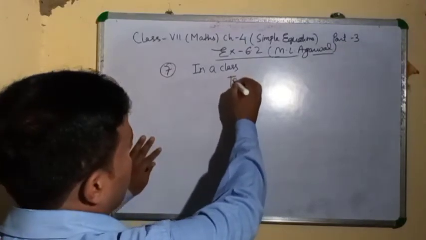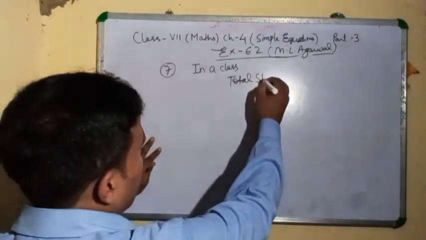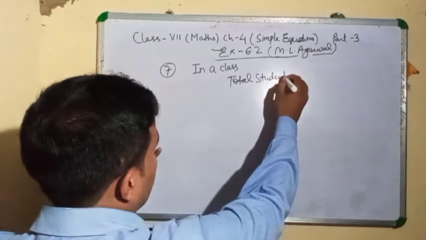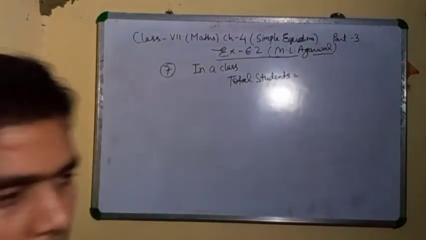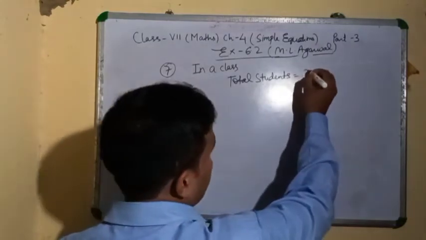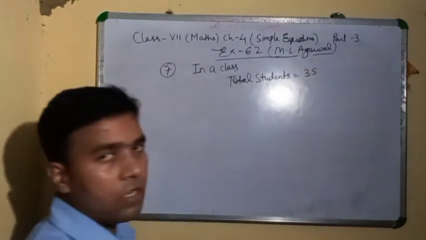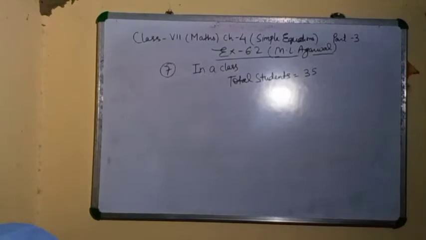Total students in a class, 35. Clear? Number of girls is 2/5 of the number of boys.